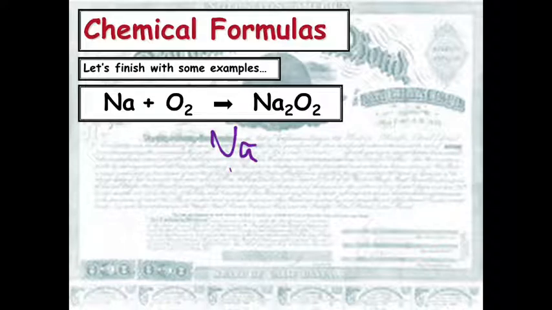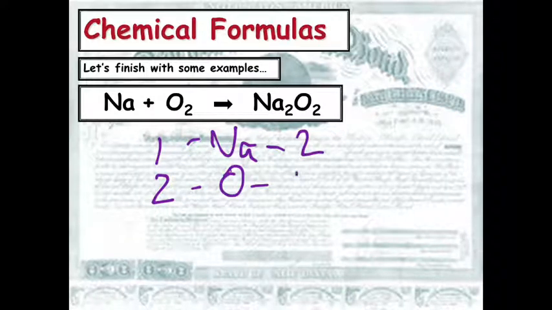We have sodium and we have oxygen. On the reactant side, we have 1 and we have 2. On the product side, we have 2 and we have 2. Is everything equal? No. So is this balanced or unbalanced? Unbalanced.